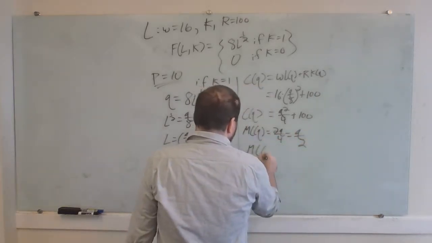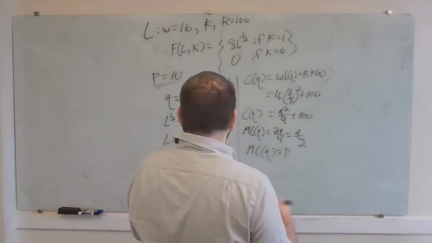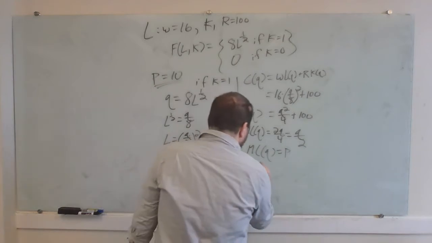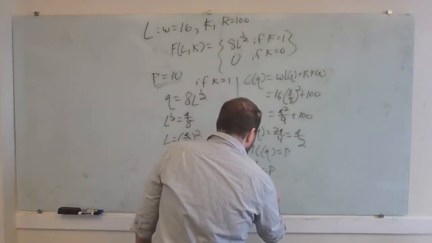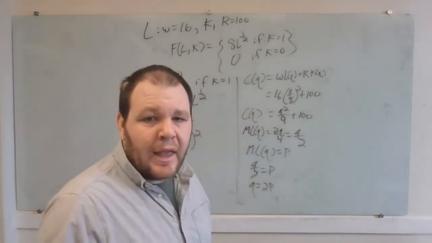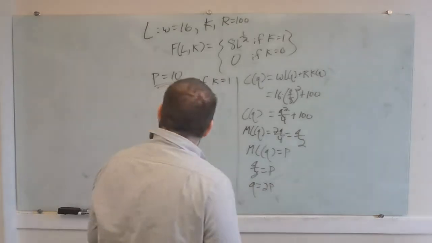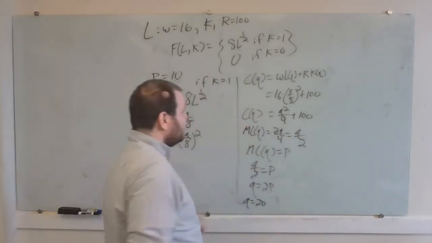So MC of Q equals P is going to tell us that Q over 2 equals P, Q equals 2P. Good. And so, of course, at a price of 10, Q equals 20. I'm going to make 20 burritos.